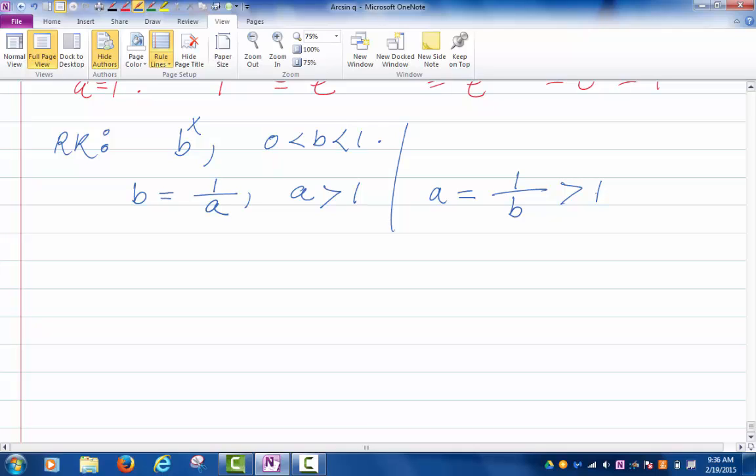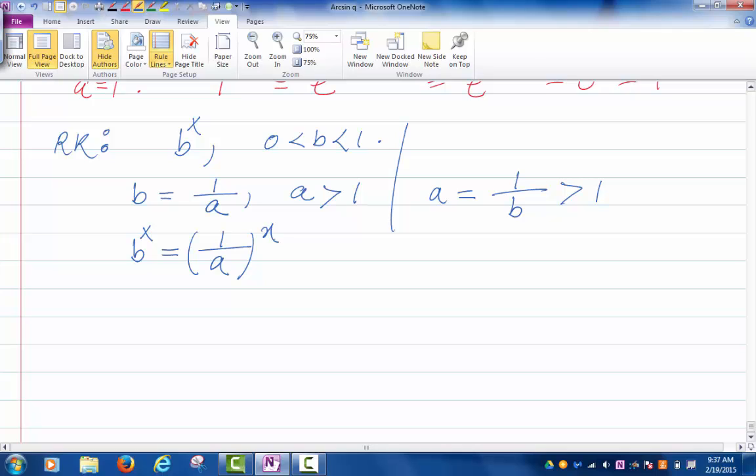So my point is, if I have the function b to the x, where b is between 0 and 1, I can think of b as 1 over a. So what is b to the x? b to the x is 1 over a, to the x.